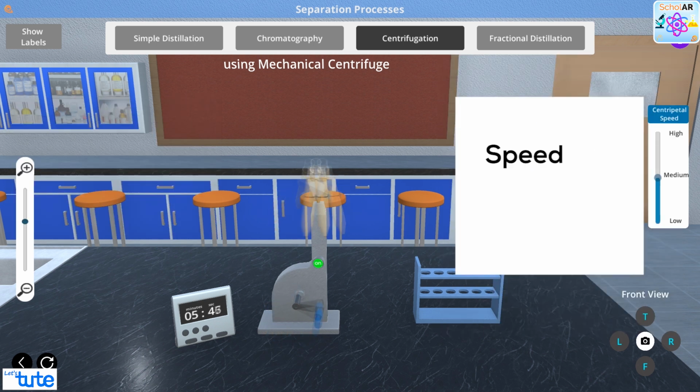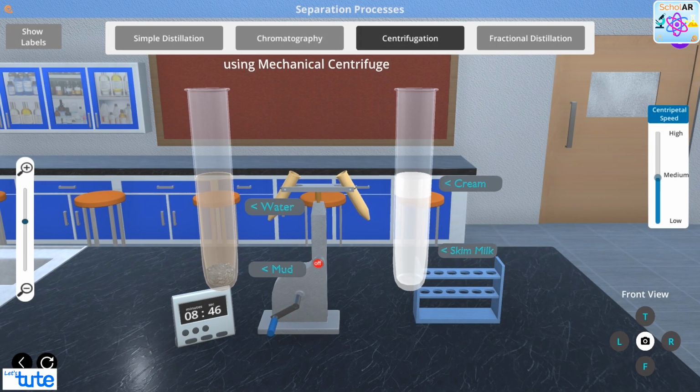Here, the speed of the rotation really matters when it comes to separation. The more the speed, the less time it will take to separate. Thus, we have seen how we have separated mixtures based on different densities of their constituents by taking the help of the centrifugal force. Well, I hope this clears the concept of centrifugation.